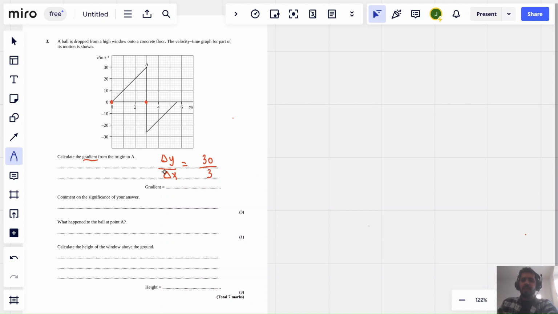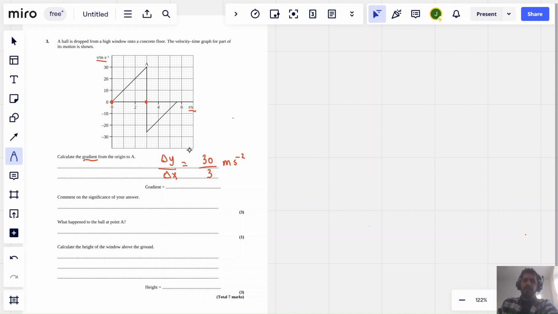And be very careful, you have to use the right units. The units should be meter per second for velocity divided by second for time. And the units that you should get will be meter per second squared, which is the unit of acceleration, right? Comment on the significance of your answer.